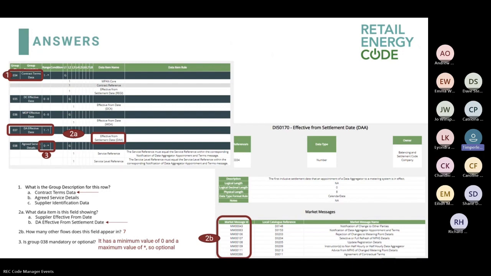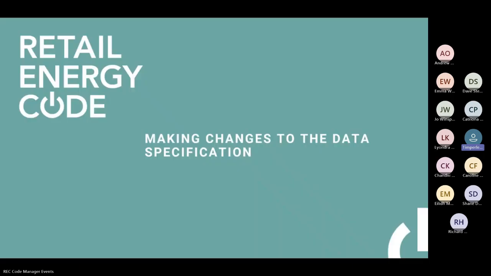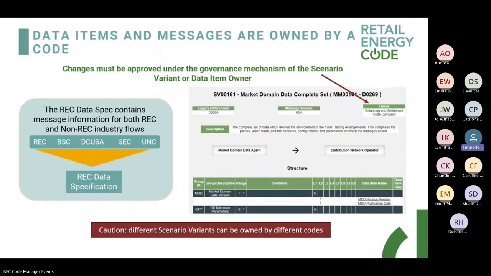Great. So if we move to our next slide, I'm just going to talk briefly about if you want to change the data specification. I mentioned that the REC data specification contains market messages and data items that are owned not just under the REC, but also other energy industry codes.